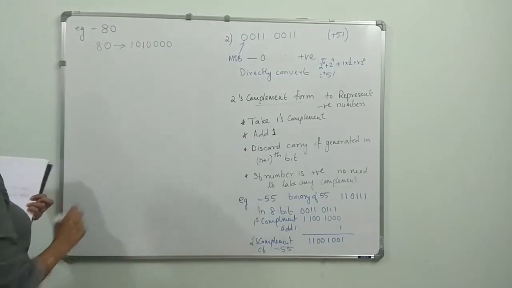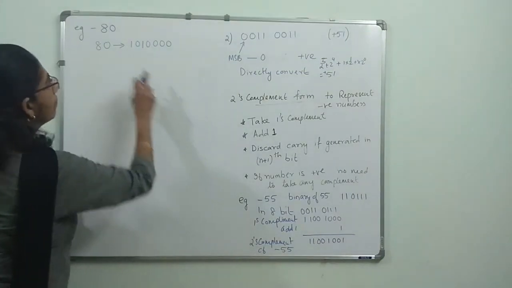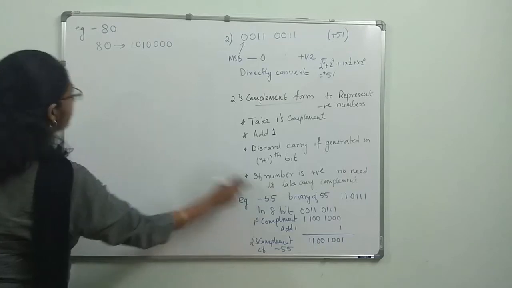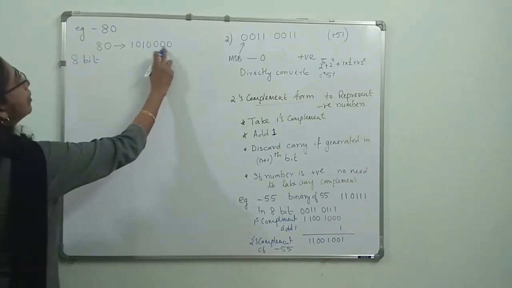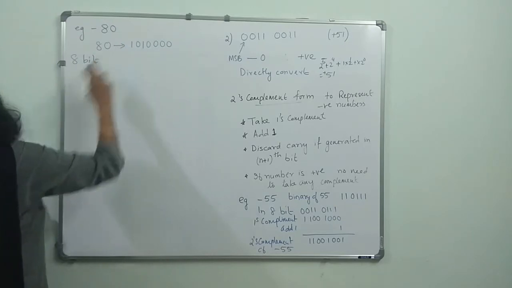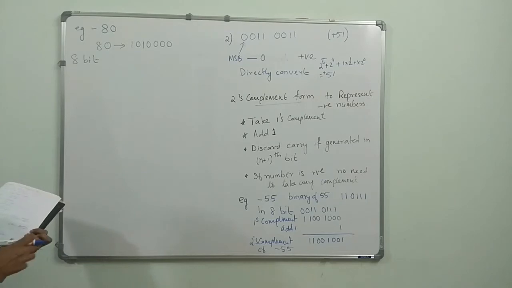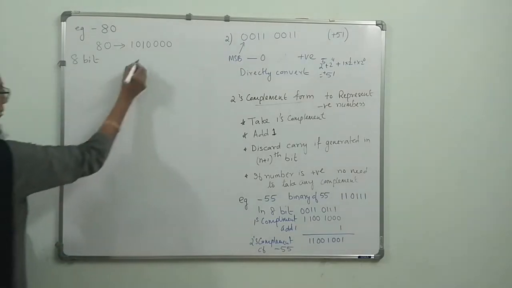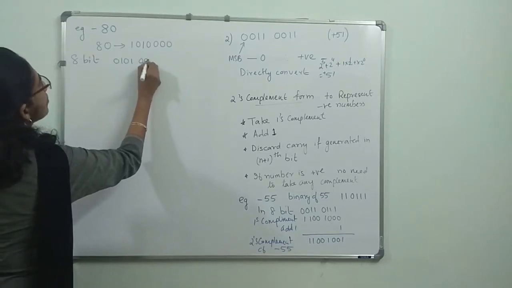Okay. We have to convert this. What is the next step? We have to convert it into 8-bit format. 1, 2, 3, 4, 5, 6, 7. That means you will have to add a 0 in front: 0 1 0 1 0 0 0 0.